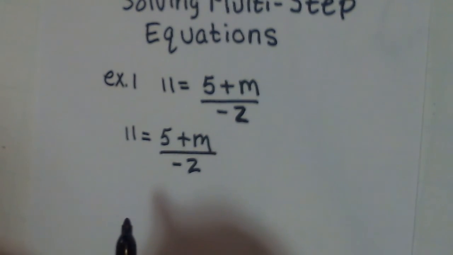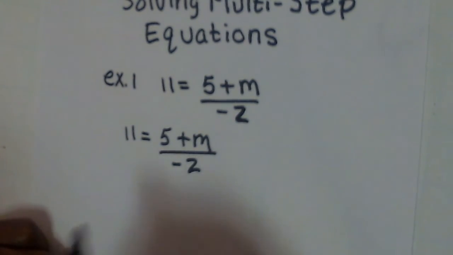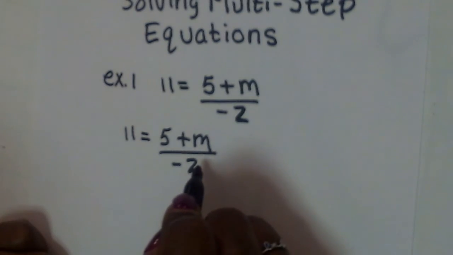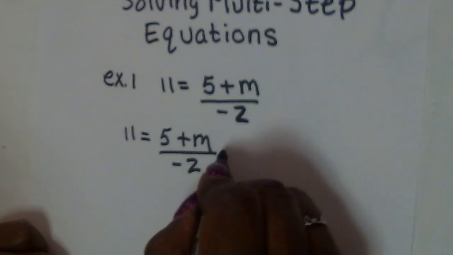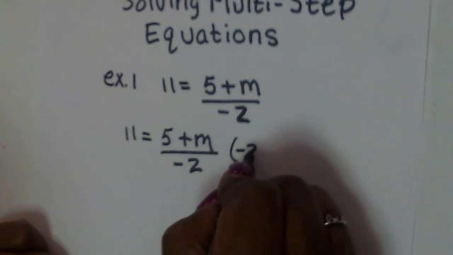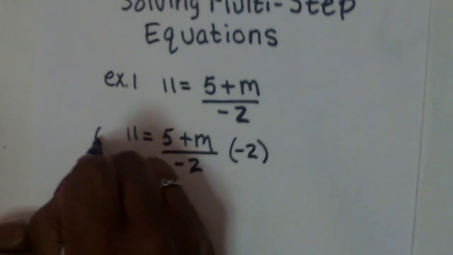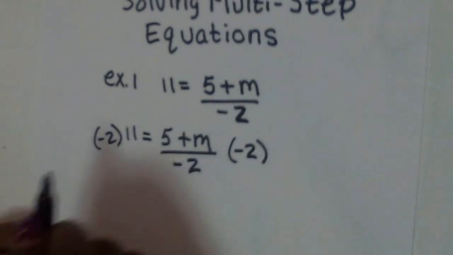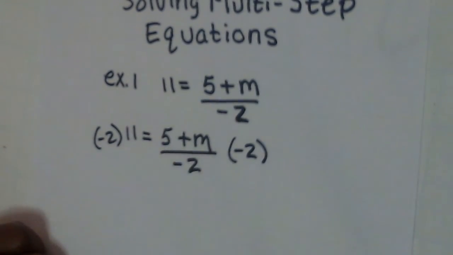But really all we need to do is get rid of the fraction, and this is how we're going to do it. We're going to use the multiplicative inverse, or the opposite operation, and it's telling us to divide by negative 2, so I'm going to multiply by negative 2, and I'll do it on both sides of the equal sign. You have to do whatever you do on one side of the equal sign, you do on the other side of the equal sign.